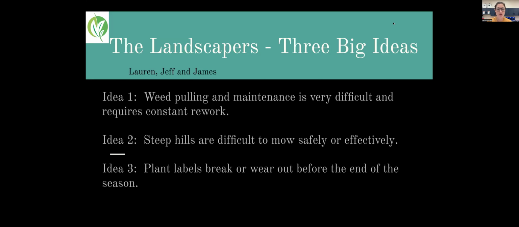Steep hills or berms are difficult to mow safely or effectively, if they're super steep or to get up there with a mower. Plant labels break or wear out before the end of the season. Sometimes they're all faded and torn and just don't seem to last all the way to the end. So those were kind of our focus points.